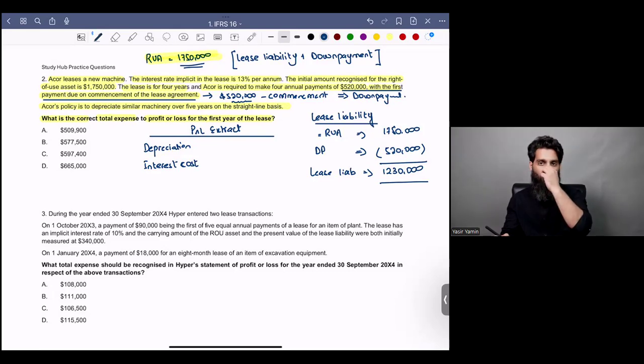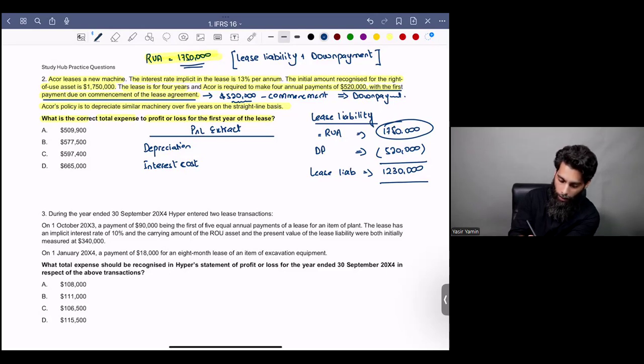Can anybody of you try and calculate the depreciation amount for me? It's not difficult. Your right to use asset is valued at 1,750,000, right? The life was 4 years.